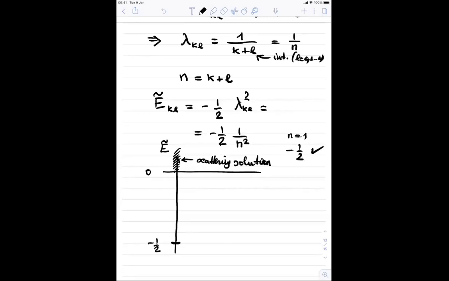Then for n equal 2, what do I get? Minus 1/2 times 1/4, right? So I get minus 1 over 8. And then I get further states, an infinite tower of states with energies that are minus 1/2 times 1 over n squared.